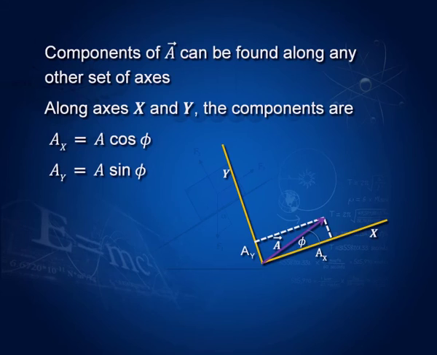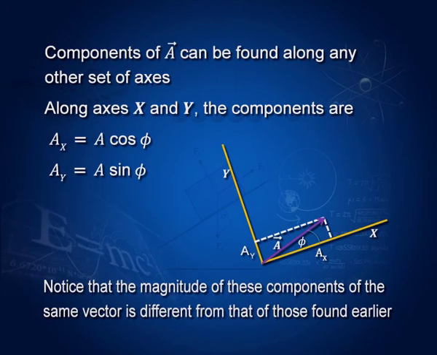And from these two slides you must note that the components are not always equal. Components along one set of axes may not be equal to the components along another set of axes.